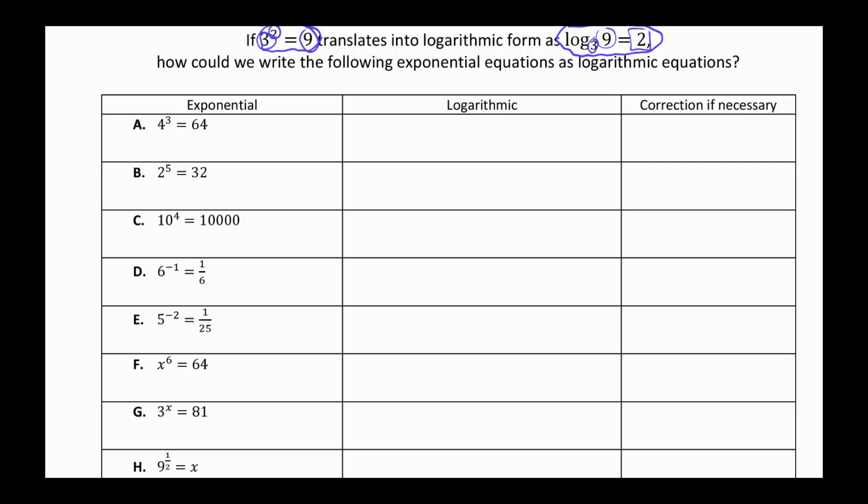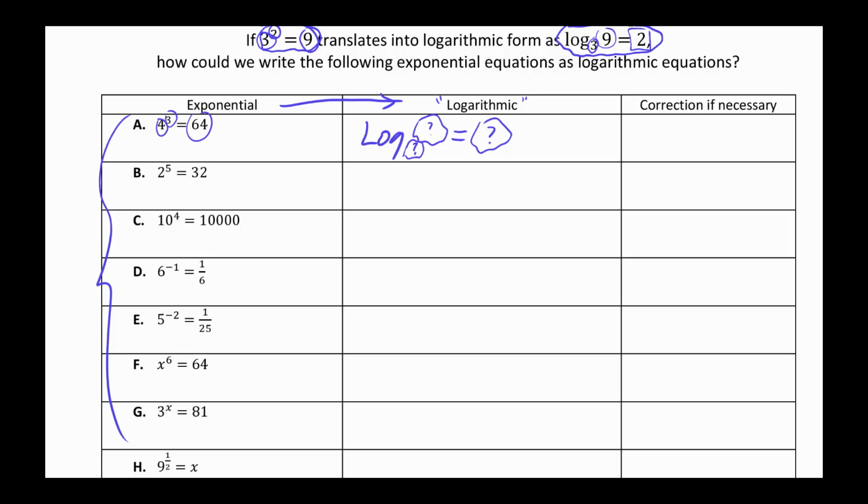What I would like you guys to do is take these problems here in this table and go from exponential form to logarithm form. Take the 4, the 3, and the 64 and try to rewrite it in logarithmic form, which you will have to use the word log. So keep in mind there'll be a little number down here, a regular number, an equal sign, and then a regular number again. You need to figure out where to put the 4, the 3, and the 64 in terms of those three positions.